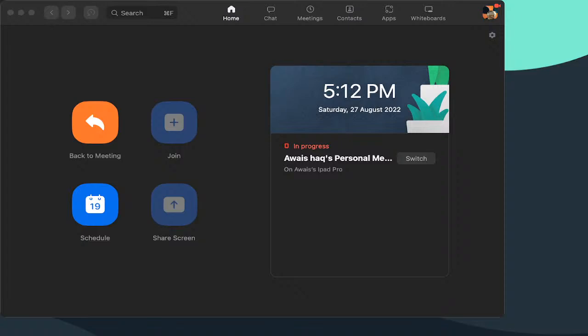Now, in math, we have learned that cosine theta is adjacent over hypotenuse, sine theta is opposite over hypotenuse, and tan theta is opposite over adjacent.